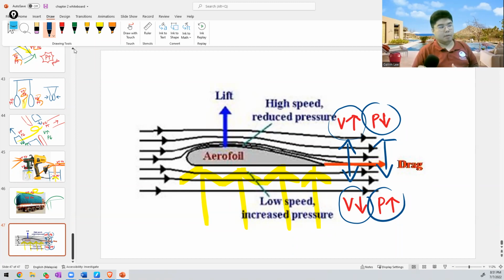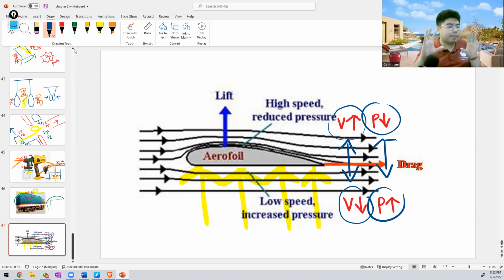Okay. Clear. So what happens if the engine turns off or dies mid-air? Will the aeroplane just crash? No, it won't crash. If suddenly the engine dies, for whatever reason, it won't just crash. It will glide slowly. Why does it glide? Because there is still a difference in speed.